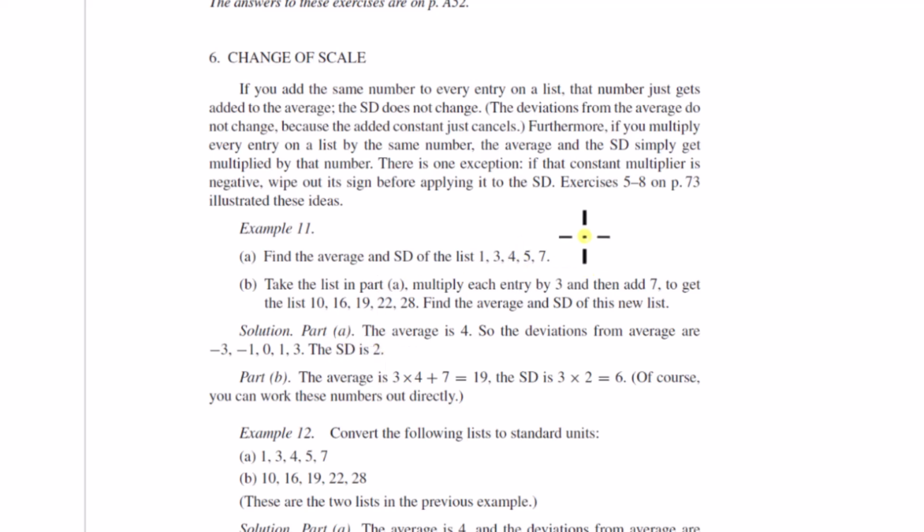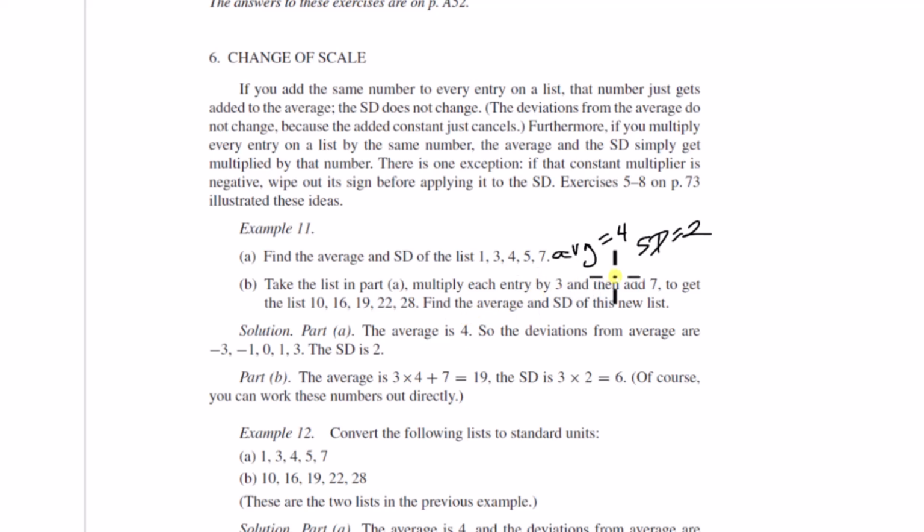All right, the average here they're saying is 4. And the standard deviation is 2. So after this first step, when we multiply each entry by 3, but we haven't added 7 yet, we're going to get a new list. That new list is going to have an average of 12 and a standard deviation of 6.